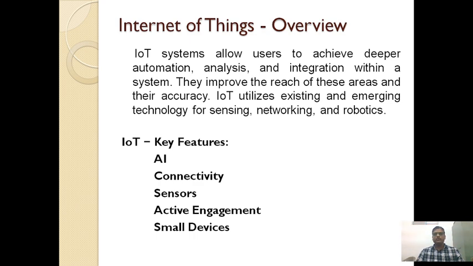IoT introduces a new paradigm for active content, product or service engagement. And the last one is small devices. Devices, as predicted, have become smaller, cheaper and more powerful over time. IoT exploits purpose-built small devices to deliver its precision, scalability and versatility.